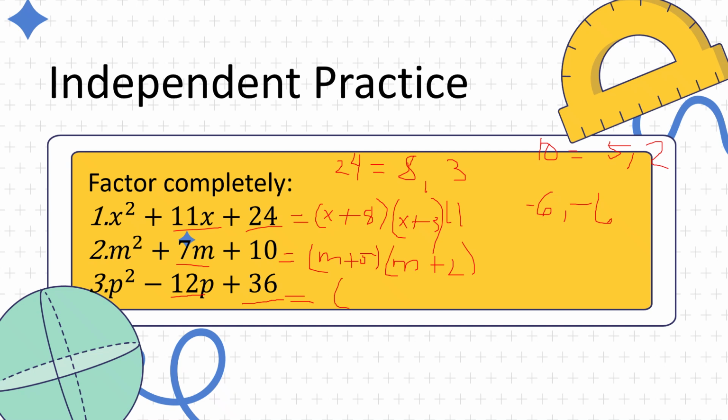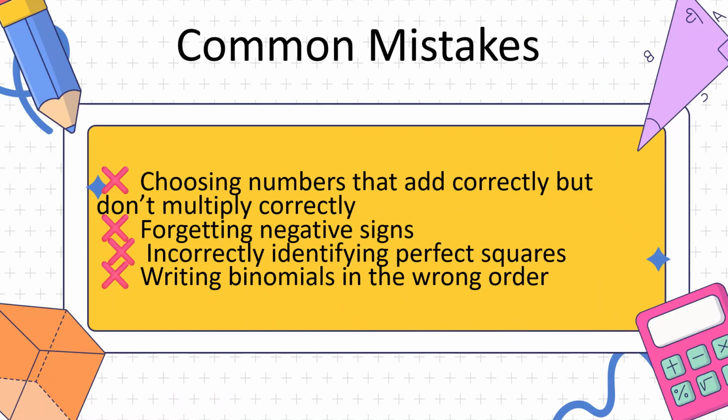Therefore, our factors are p minus 6 times p minus 6. Or we can write that as p minus 6 squared, because it is a perfect square. All right. Next.